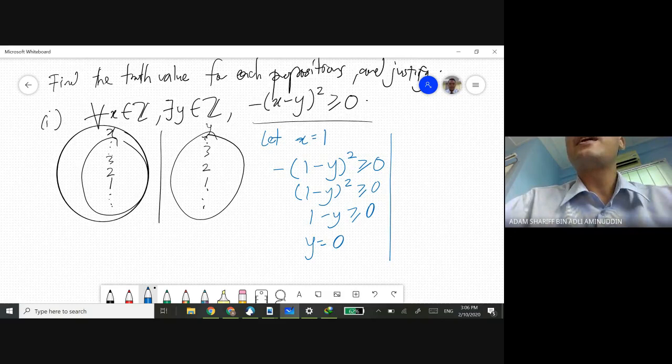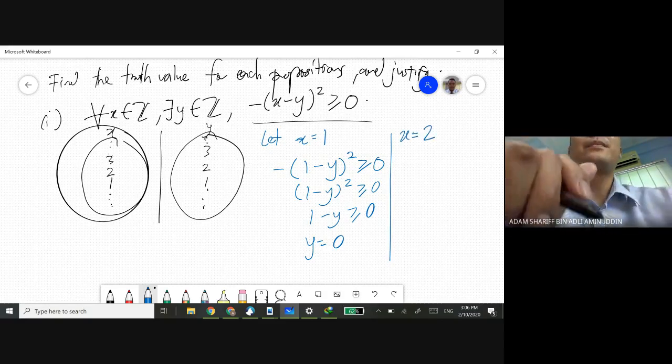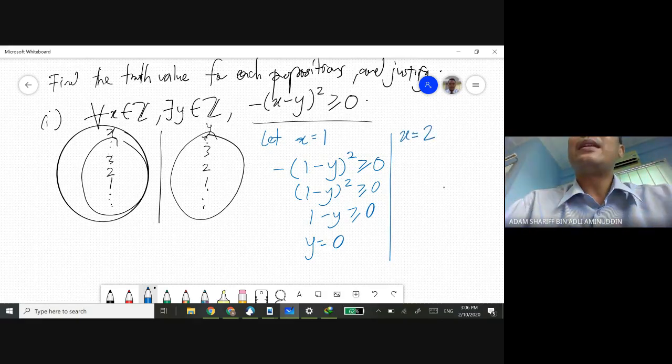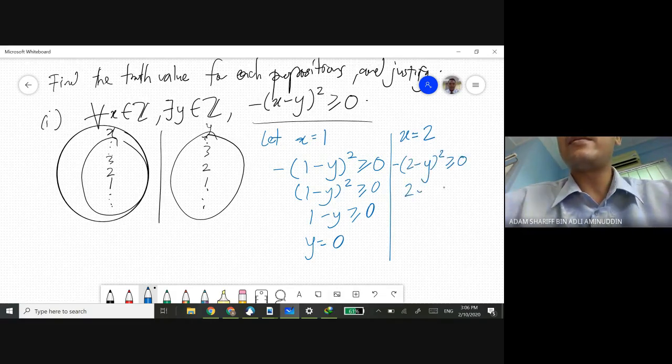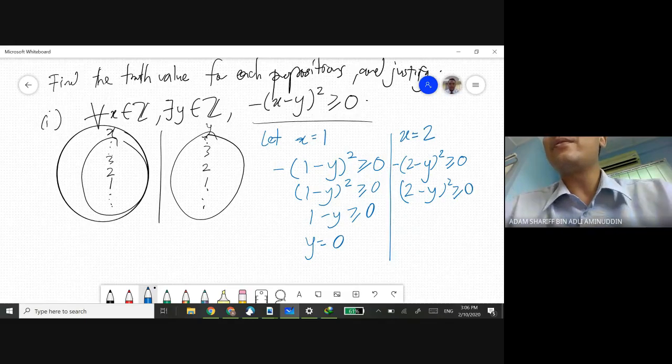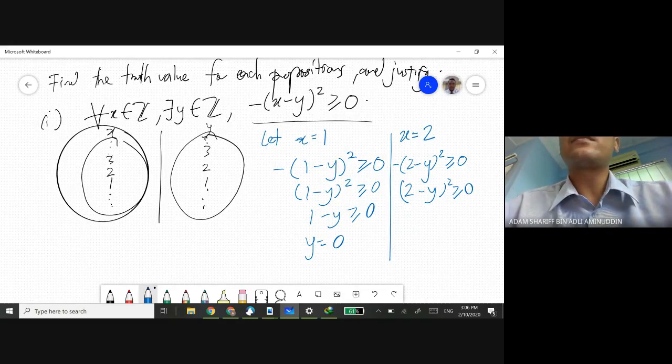How about x equals to 2? Negative 2 minus y squared larger than 0. So 2y squared larger than 0. Betul, sekejap. Negatif kan? Ni kata negatif. Alright, I retrace back my step.